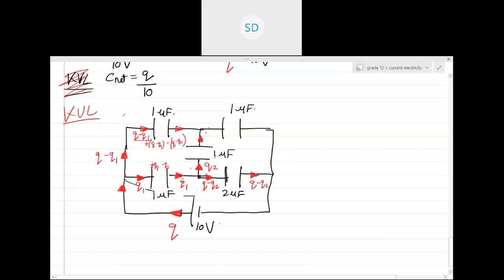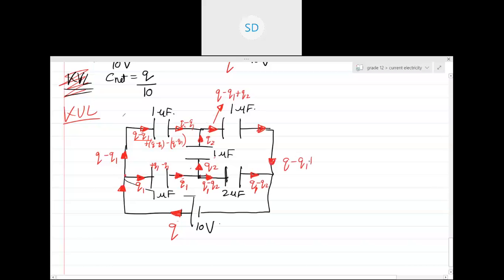This Q2 will go up. Can you see from here? Q minus Q1 was coming, and Q2 will be added. So what will be the charge over here? Q minus Q1 plus Q2. Yes or no? So this Q minus Q1 plus Q2 will come from here.